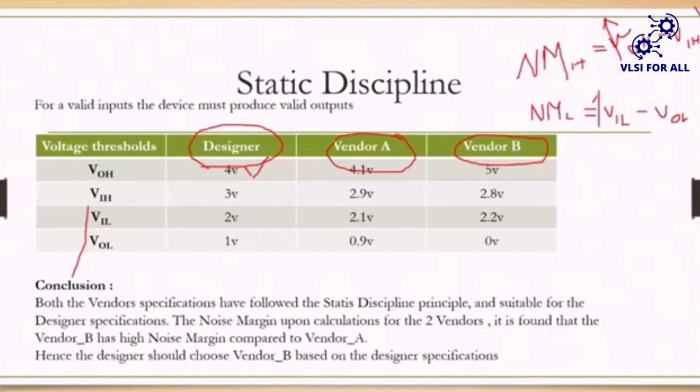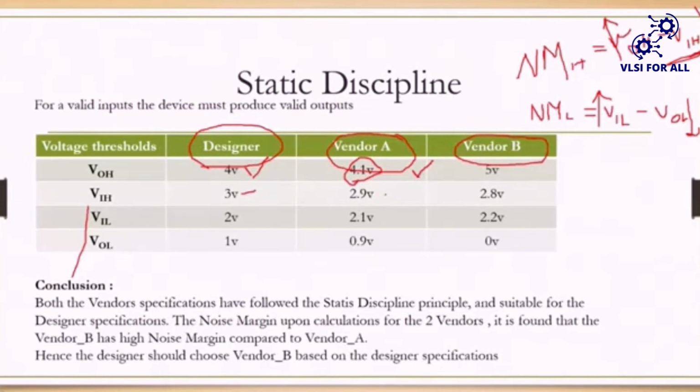In another case, to get a high noise margin, you can have a lower VIH. Similarly, to get a high noise margin, VIL must be maximum or VOL must be minimum. Now let us see. Here the minimum requirement is 4 volts. As it is VOH, it must be maximum, so I'm expecting a value more than the designer value. Here you see 4.1 is there. Fine, we wanted more, so it is satisfied.